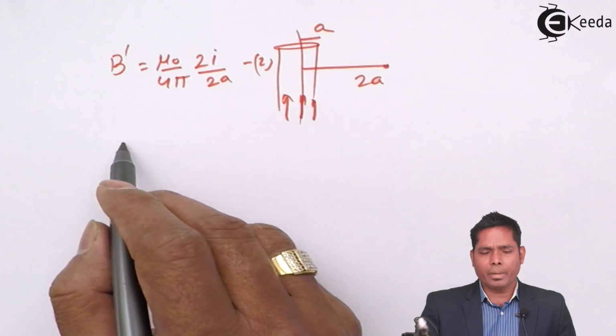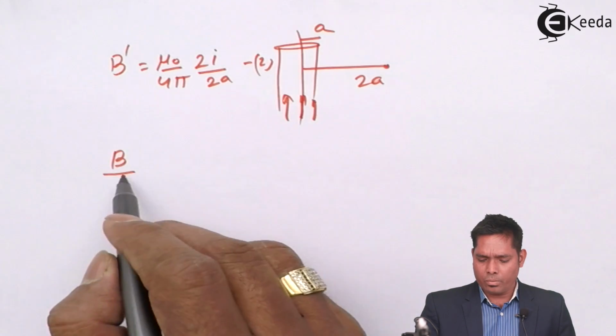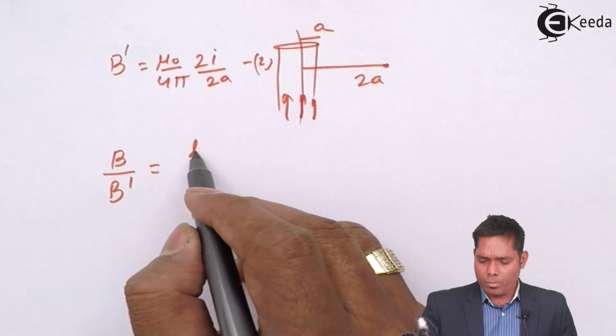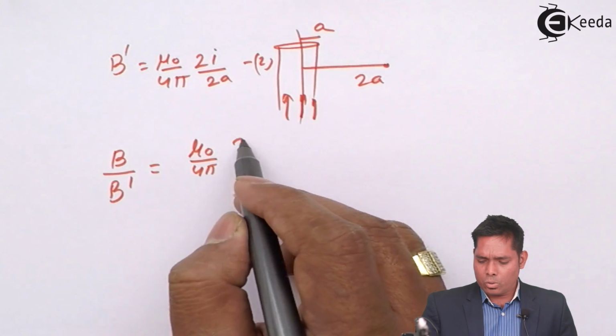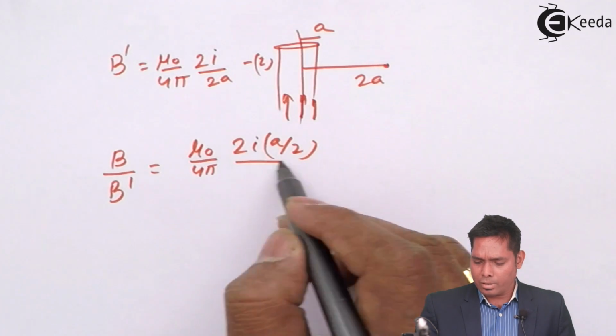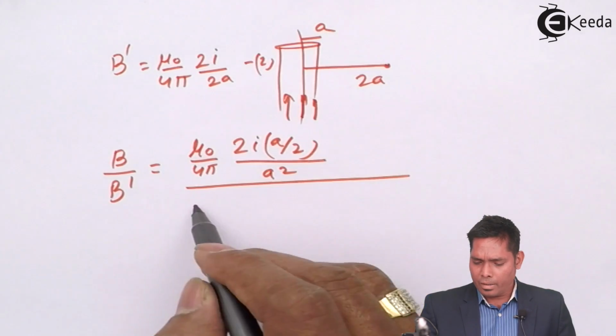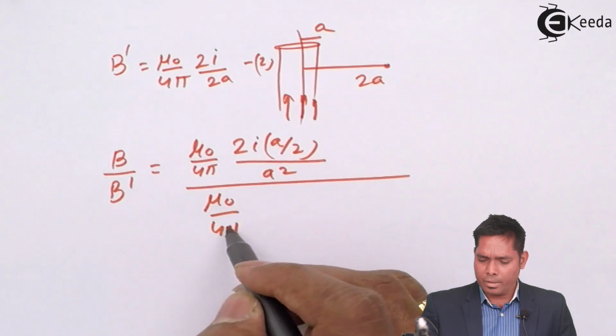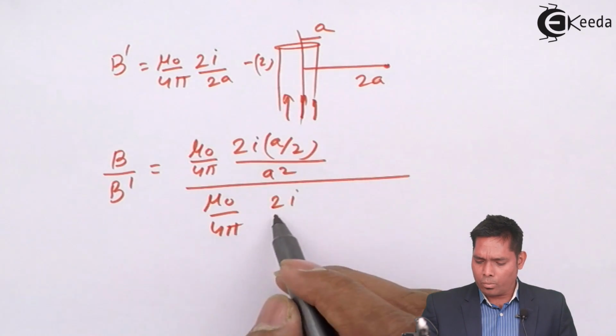If I divide 1 by 2, we get B over B dash equals mu naught upon 4 pi, 2I times A by 2 divided by A square, divided by mu naught upon 4 pi, 2I over 2A.